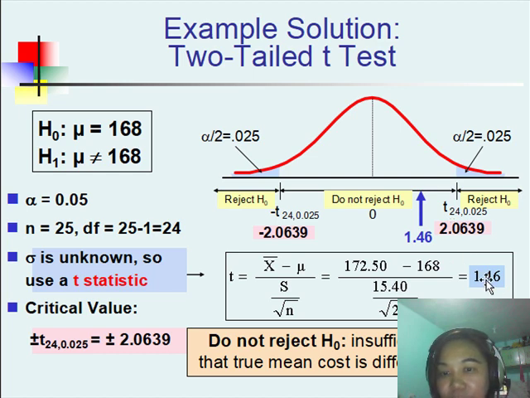If it is less than, then we do not reject. Okay, so 1.46 is somewhere here. Basically, it falls within the non-rejection region, so we cannot reject the null hypothesis. And take note that 1.46 is less than 2.036. So that is why we do not reject the null hypothesis. We conclude that there is insufficient evidence that the true mean cost is different than 168.